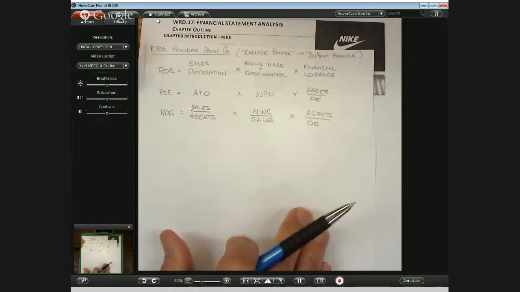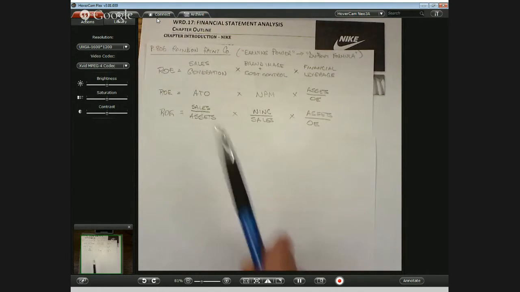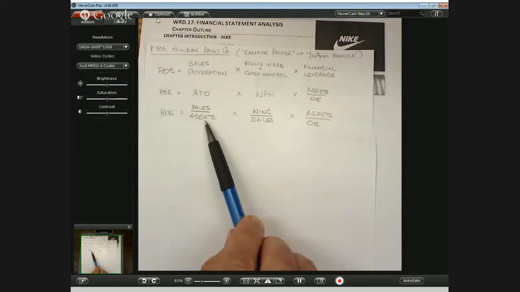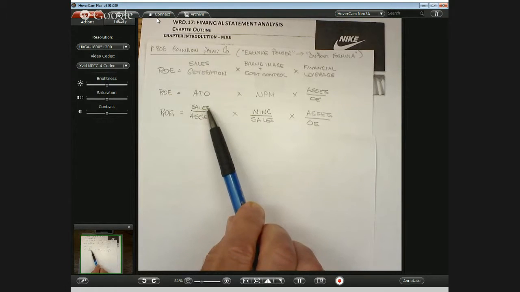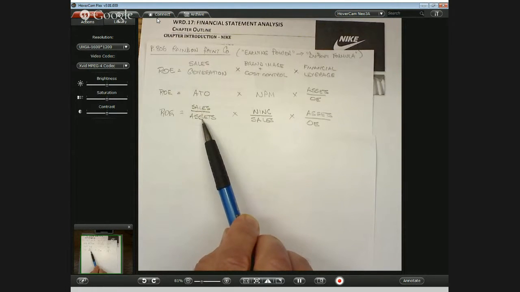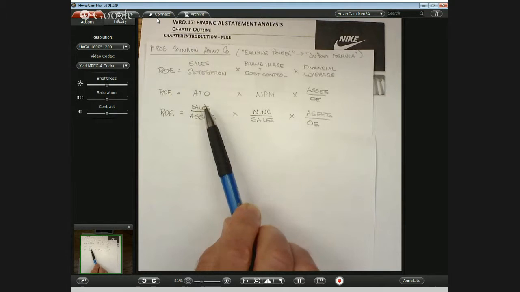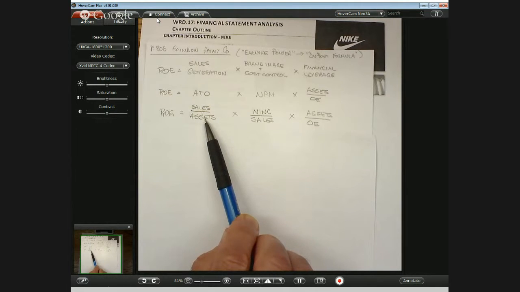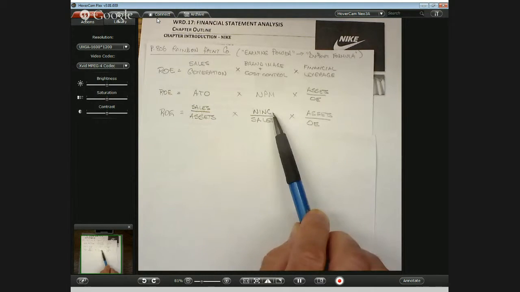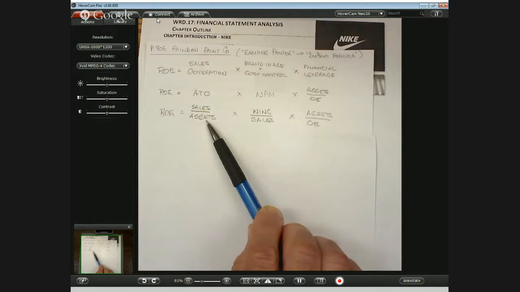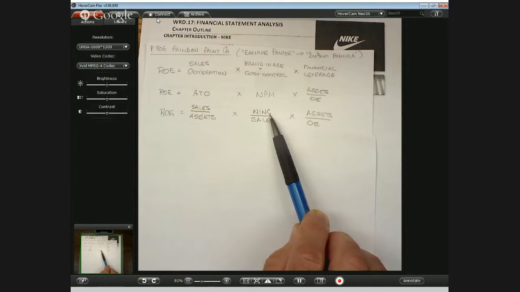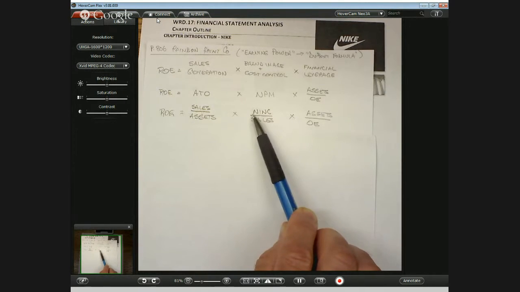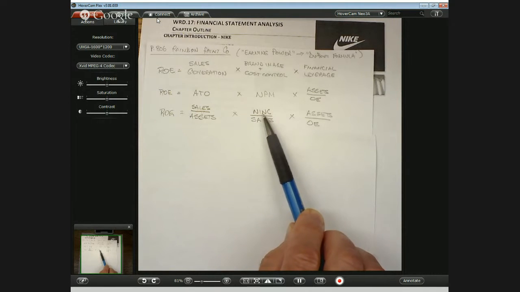To break these out a little bit more, the asset turnover is this ratio, sales divided by assets. How many dollars of sales can $1 of assets generate? The second thing that we want to find out is how much net income each dollar of sales produces.